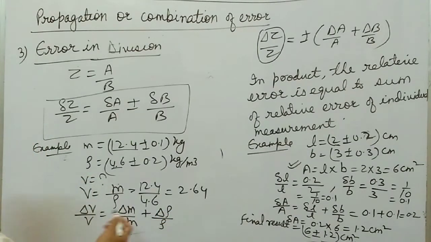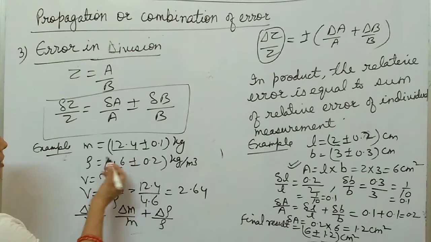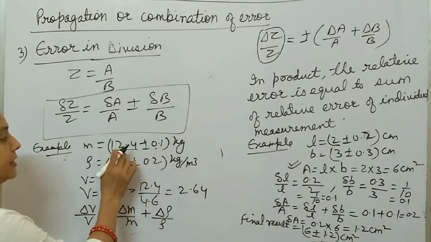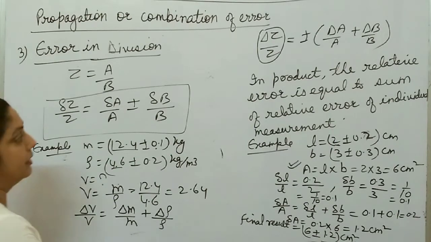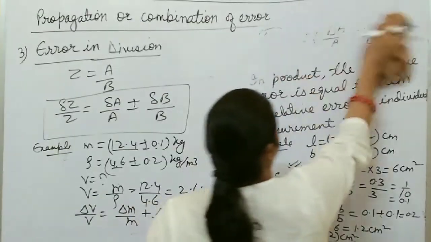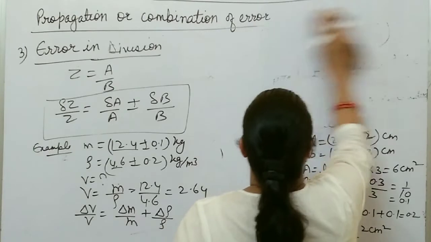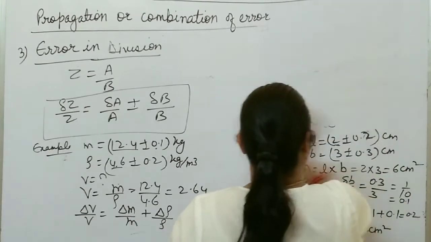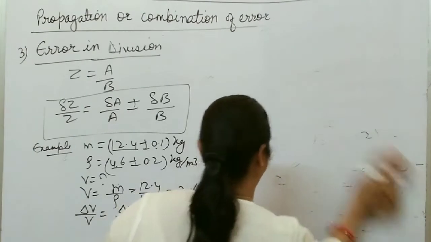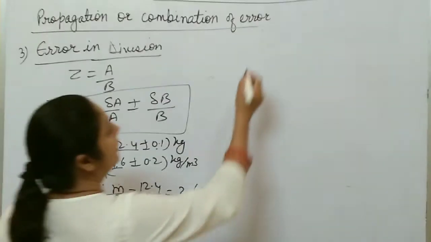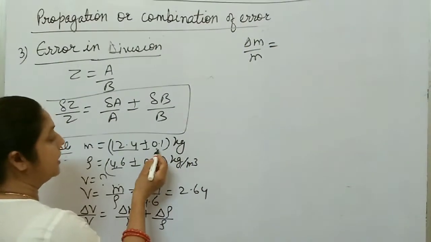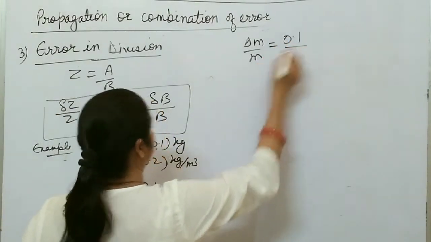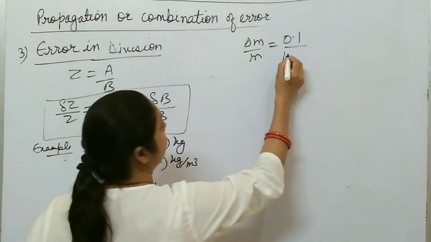So you have to calculate the relative error in mass. How do you calculate it? This is the absolute error, this is the true value. Just divide these two, you get the relative error in M. So the relative error in M: the absolute error delta M is 0.1 and the true value is 12.4.